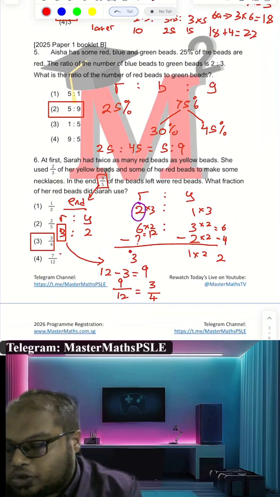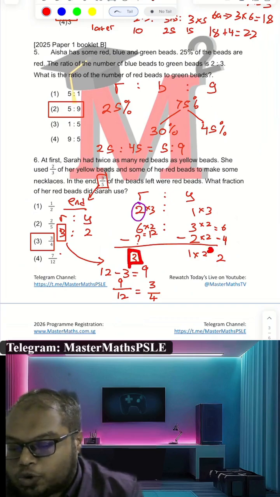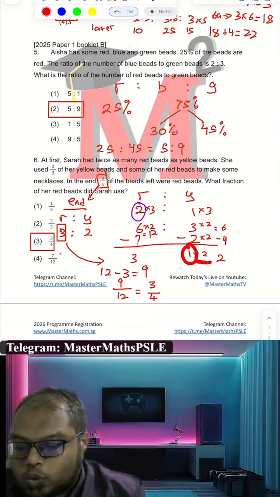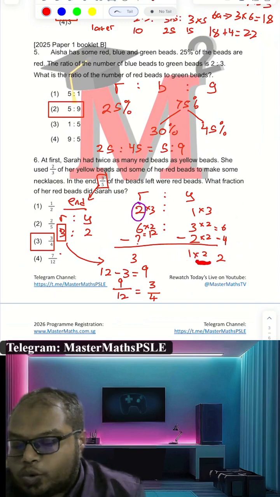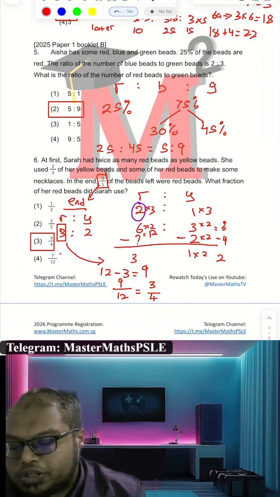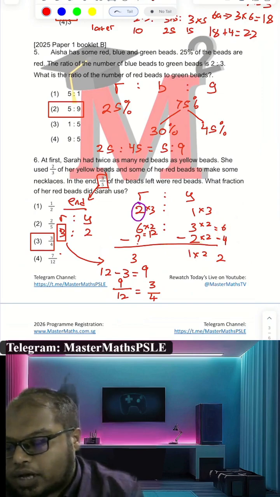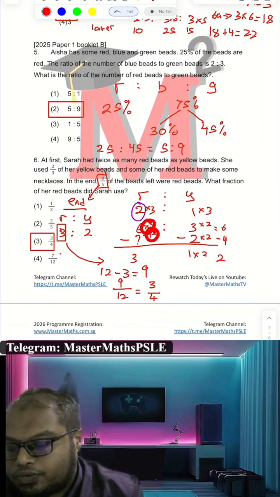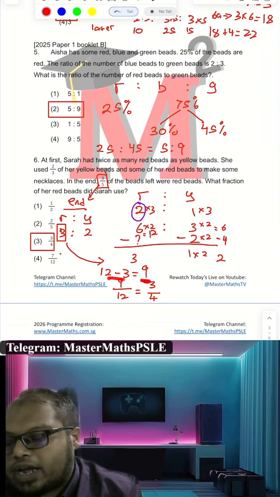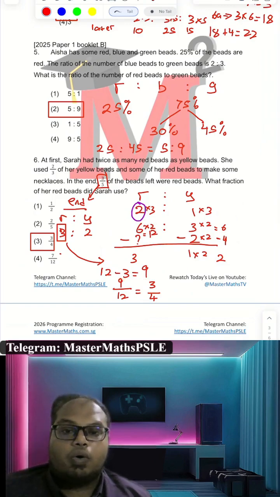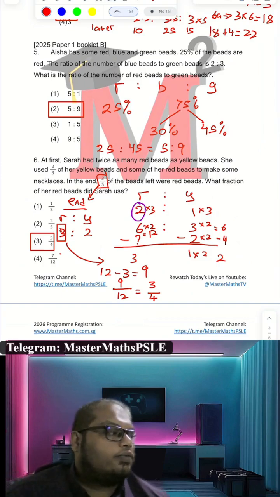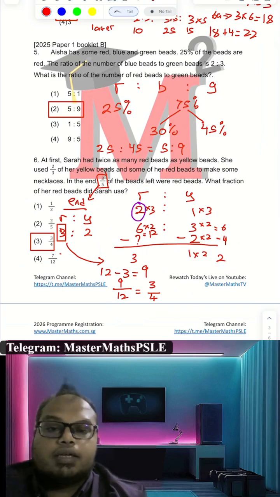That means this is 3, and here supposed to be 2. But there's a 1 here, right? I times 2. When I times 2 here, everything else must times 2. So initially there was 6, I times 2 become 12. So 12 minus 3, I got 9. So 9 out of 12, 3 over 4. It's quite a number of repeated identity here lah.